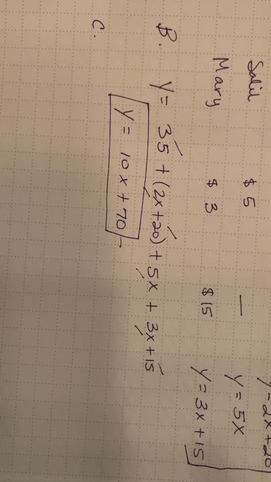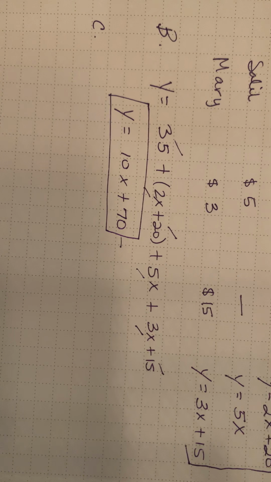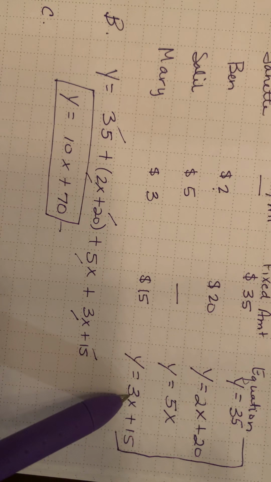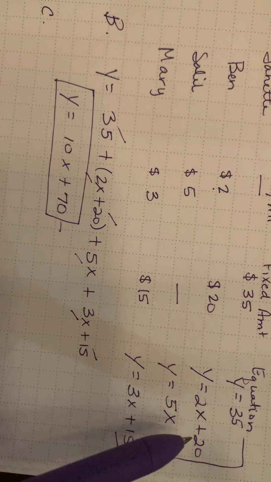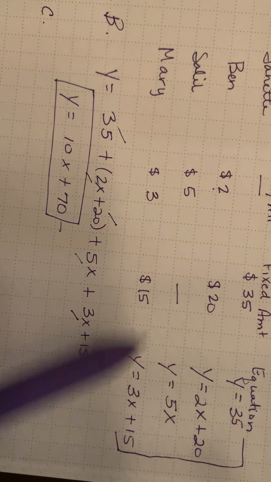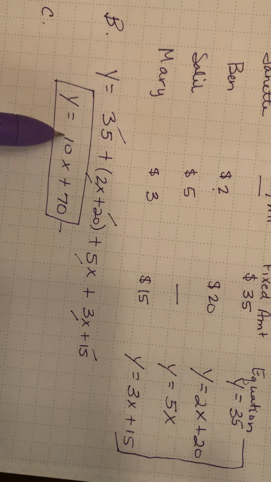It's the one that has the greatest slope. And the reason is that it adds all of these together. So you're earning not just $2 per mile, you're earning $10 per mile. So it earns the most, all right?